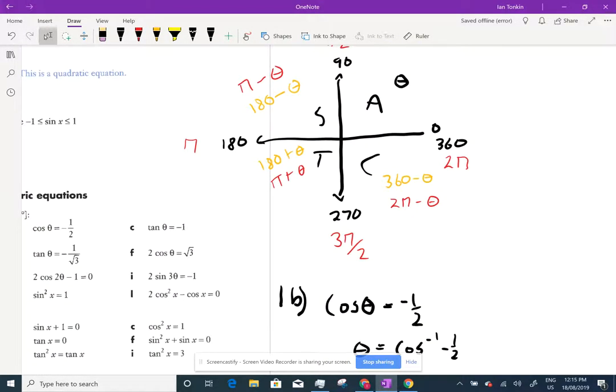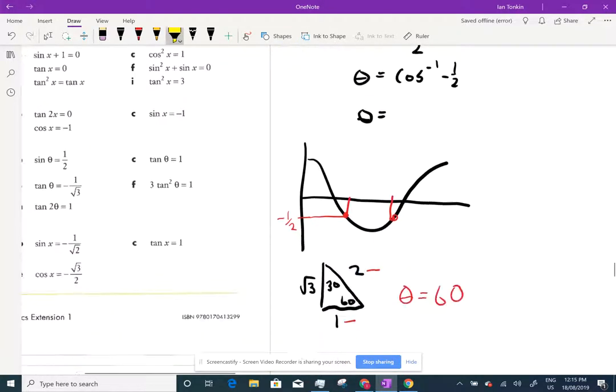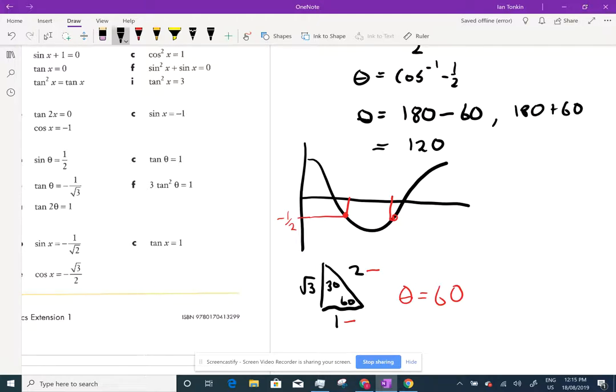So I need it here and here. That's where cos is negative. So it's going to be 180 minus 60, which we already know because that's what the calculator gave us, which is the 120. But it's also 180 plus 60, which is 240. And then you can check that on your calculator and make sure you're right.